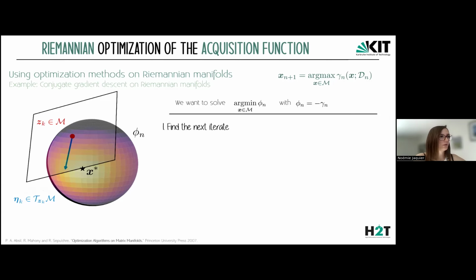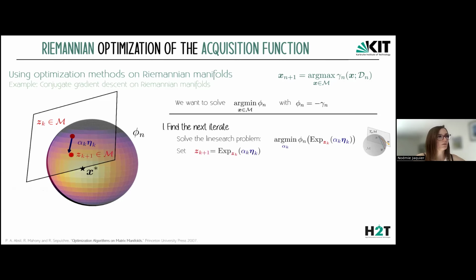The first step is to find where the next iterate for our optimization is. For that, we start by solving a line search problem, which will give us how far we have to go along the search direction. Once we find the scalar that tells us how far we go, we can then use the exponential map to map the rescaled search direction from the tangent space onto the manifold.